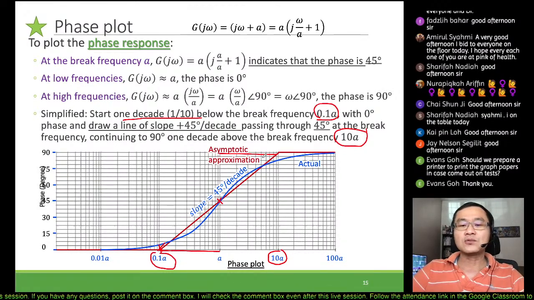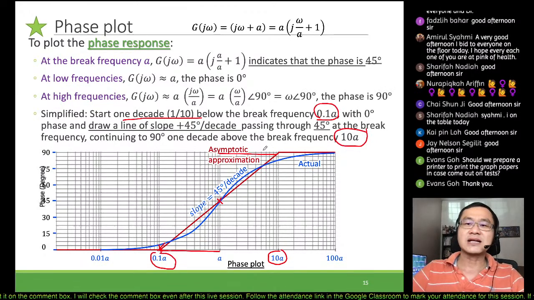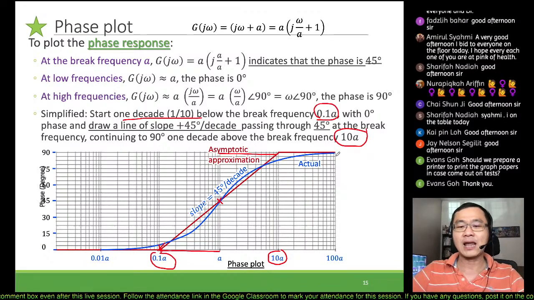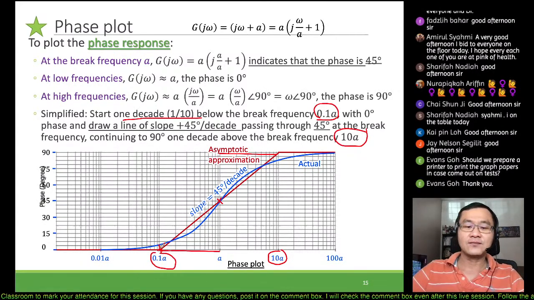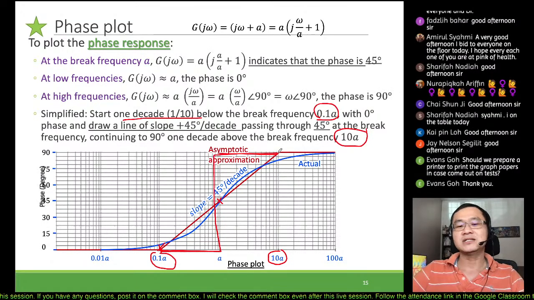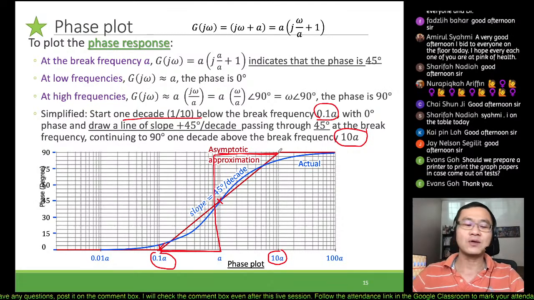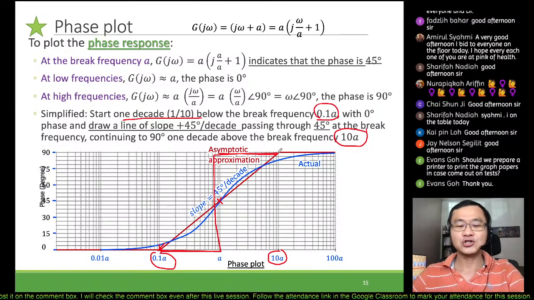This is what we can do as the asymptotic line approximation, and the real curve is the blue line. You can see that now it's very close to our actual line, instead of an approximation in this way, which is far away from our actual line.